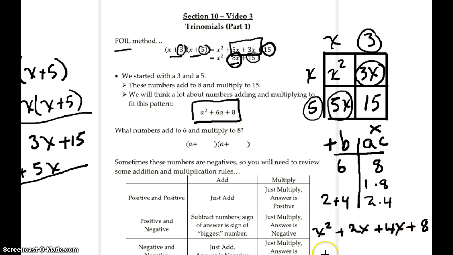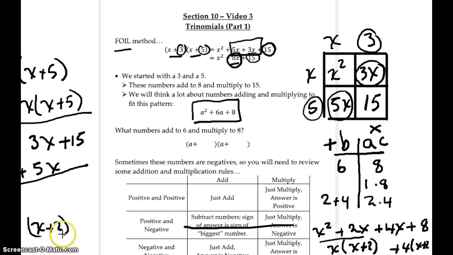And now it's just a simple matter of factoring by grouping. We have x times x plus 2 plus 4 times x plus 2. And so, I'm going to bring it over here to rewrite it. We have x plus 2 times x plus 4. And we can check that. We can use the box method. We can do any method we want.